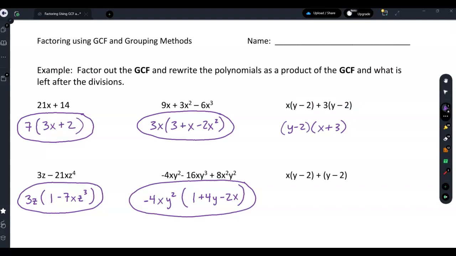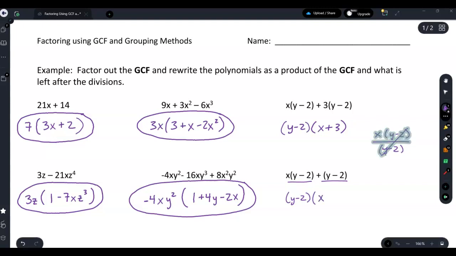This one, again, has a GCF of y minus 2. And so think about this as division, right? We're going to divide each of these terms by y minus 2 and then write what's left. So if I take x times y minus 2 and divide it by y minus 2, anything over itself is just 1. 1 times x would just leave me with x.